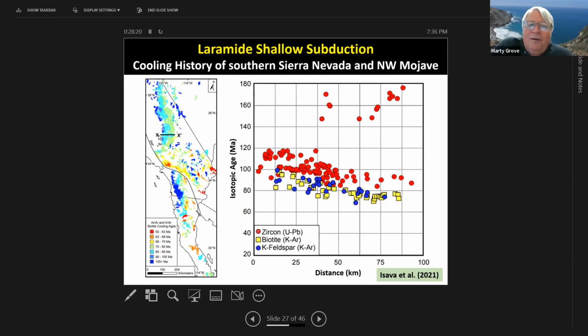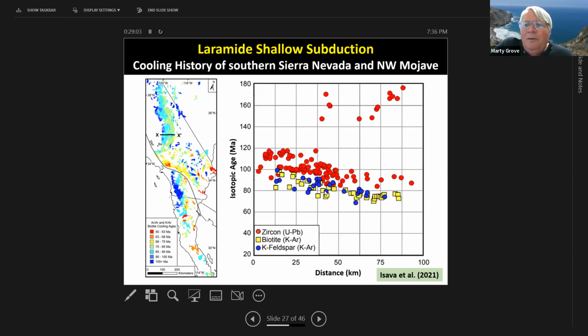What I've shown here in this section X-X prime, in red, are crystallization ages from uranium-lead zircon dating results, showing that there's also a crystallization age trend from the western part of the batholith to the eastern part, and that the biotite and potassium feldspar ages, shown in these blue circles right in here, are generally on the order of about 10 to 20 million years younger than the crystallization ages. So these relationships have been known for a while.